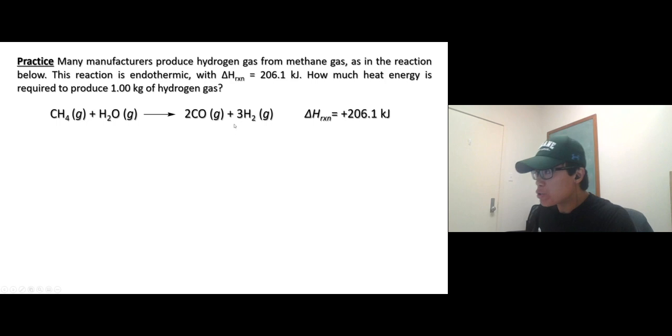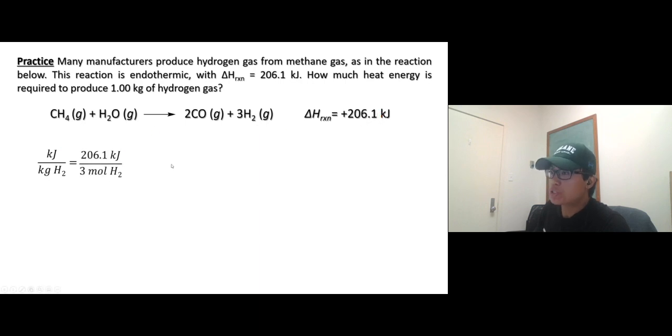According to the reaction, to produce 3 moles of hydrogen, that energy is required. The question asks for the energy required in kilojoules per kilogram of hydrogen gas, right?